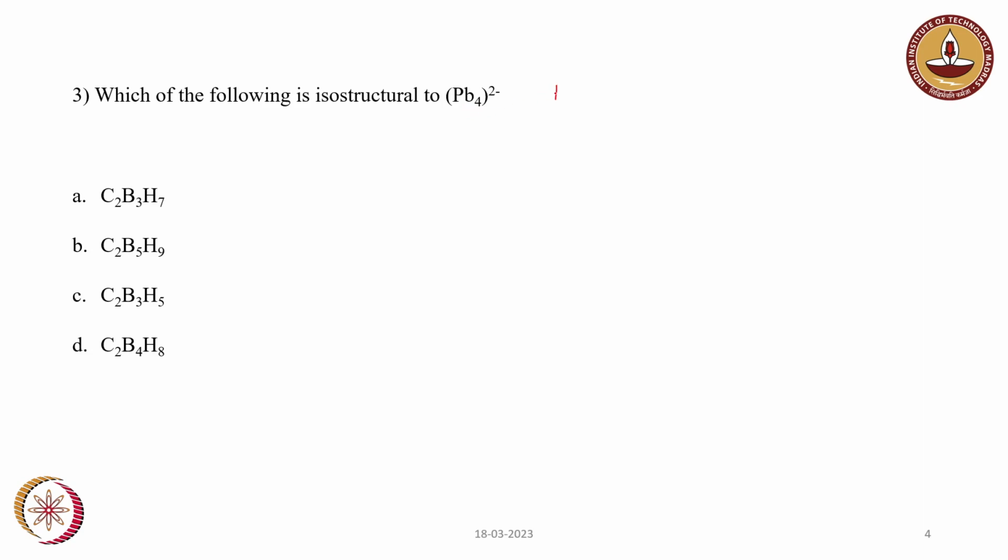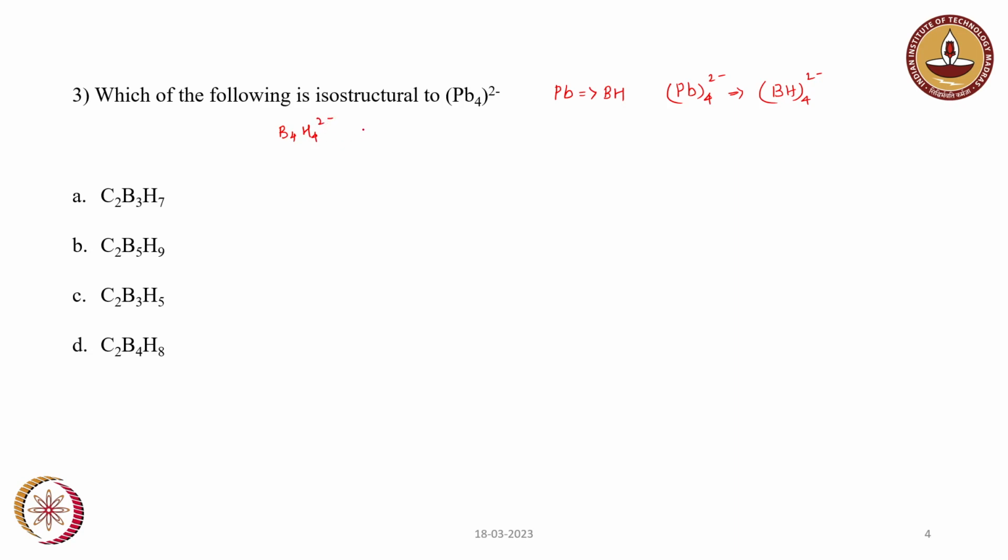So Pb is equivalent to BH. So Pb4 2 minus will become BH 4 times 2 minus. So that will be B4H4 2 minus.